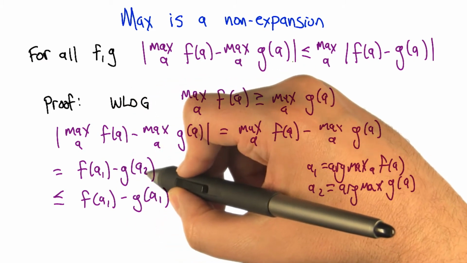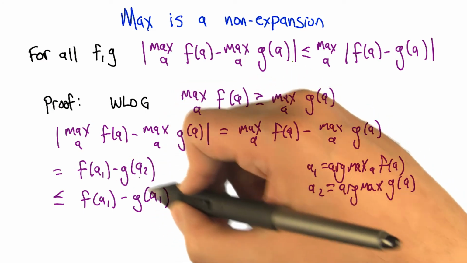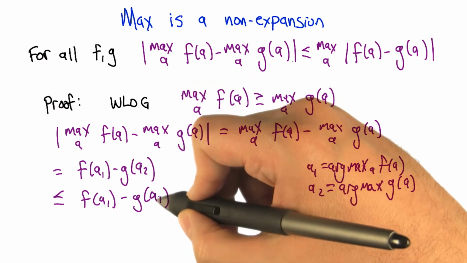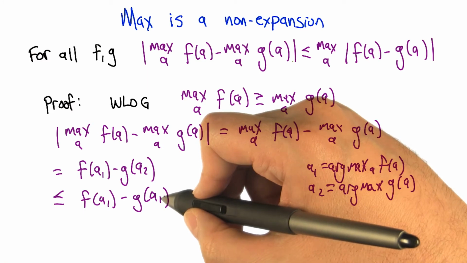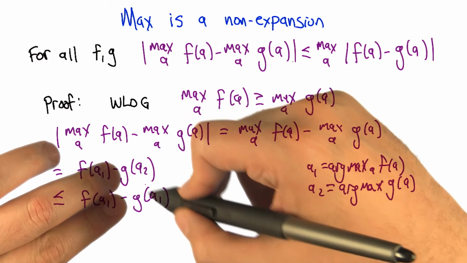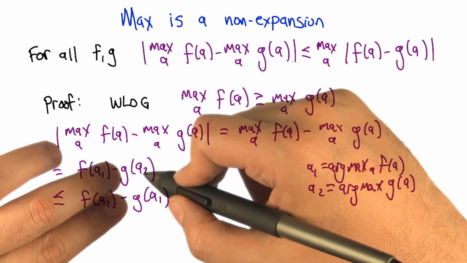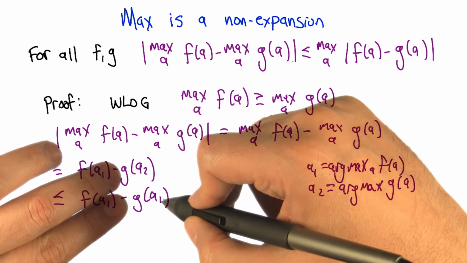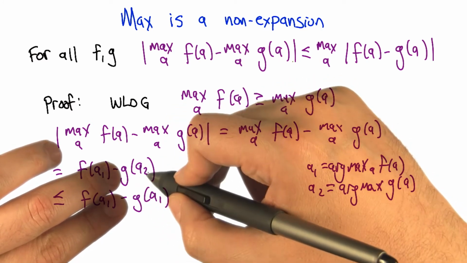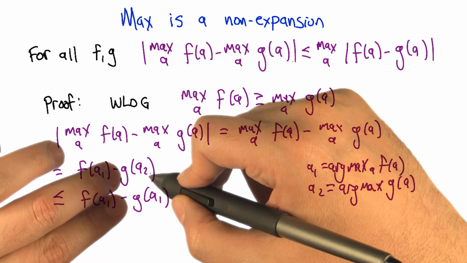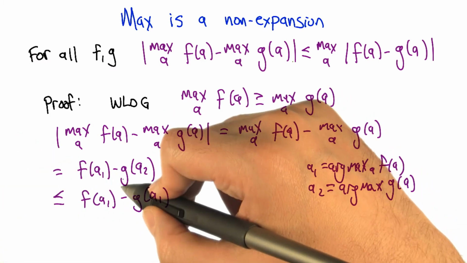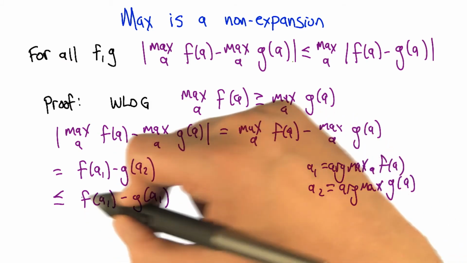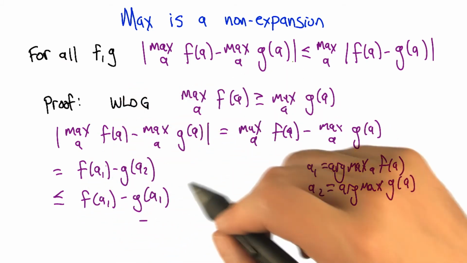Since this a2 was chosen to maximize the g function, any other a that we could substitute in here, let's just say a1, can only make this smaller, or it can make it no bigger. Right, so g(a1) is going to be smaller than or equal to g(a2). But since we're negating that in this equation, that means it can only make this quantity smaller than or equal to the previous quantity.